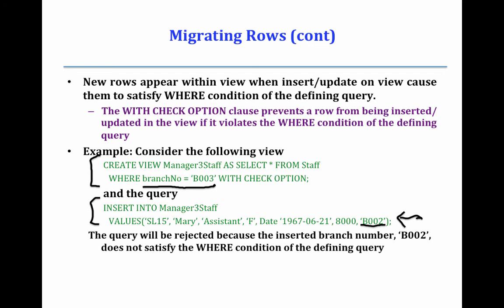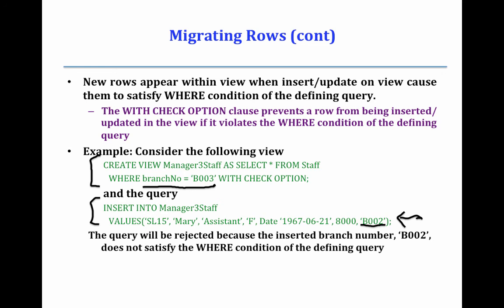So what the with check option is doing is saying that I will not permit you to insert a tuple into the view unless it satisfies the defining query. If you don't include the with check option, then it will insert that tuple into the underlying base relation, and it actually won't show up in your view, right? Because it doesn't obey the defining query.